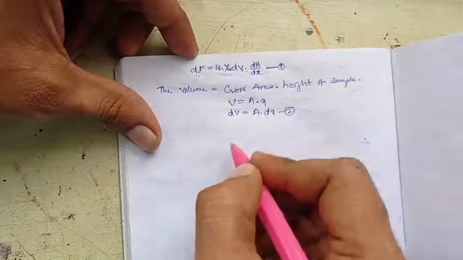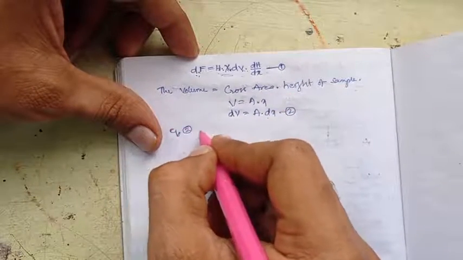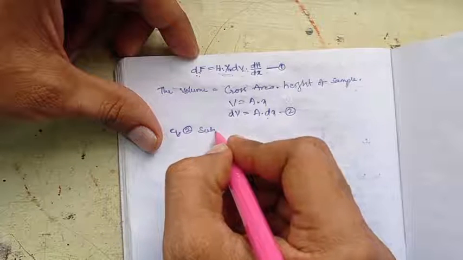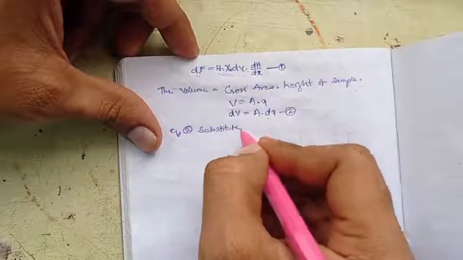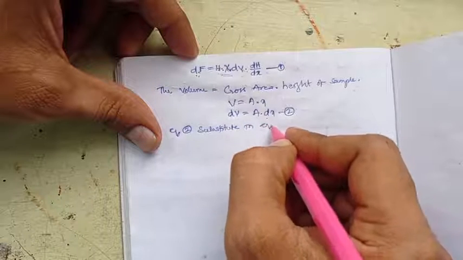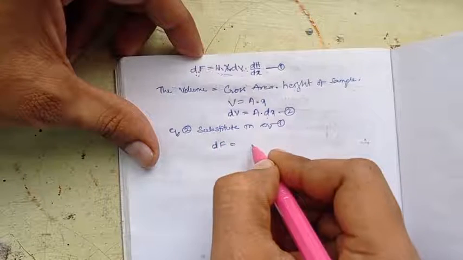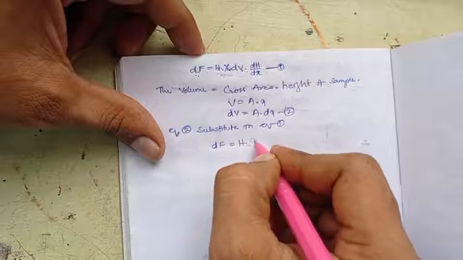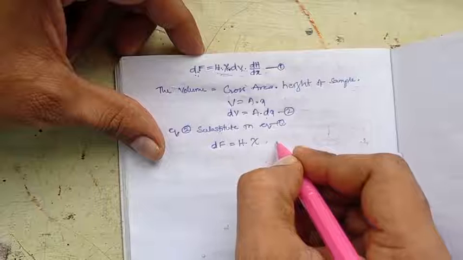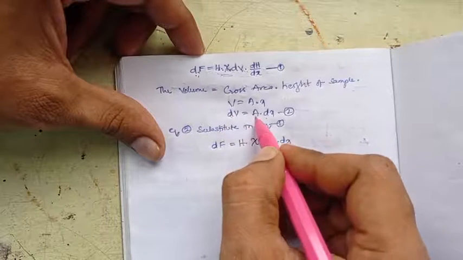So substitute this second equation in equation number 1, right? Then what happens? dF is equal to H into chi into A into dx, since dV is equal to A into dx.